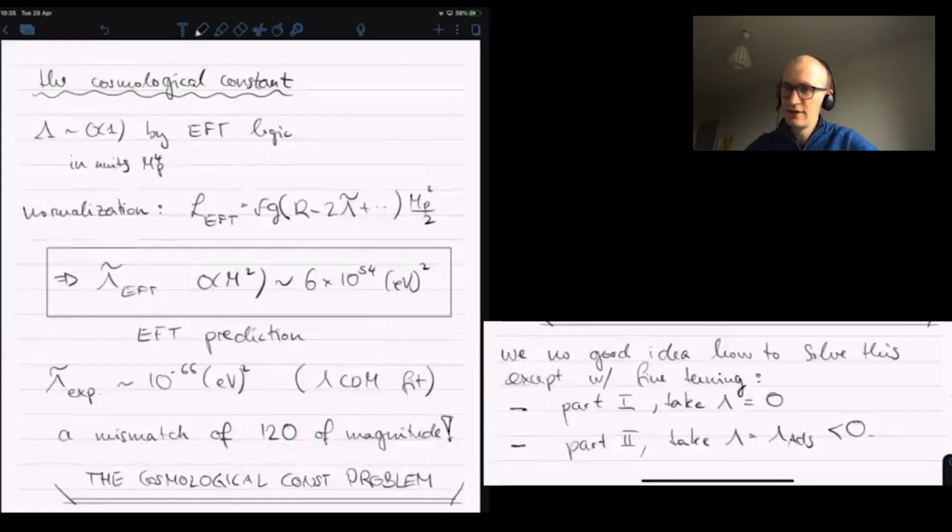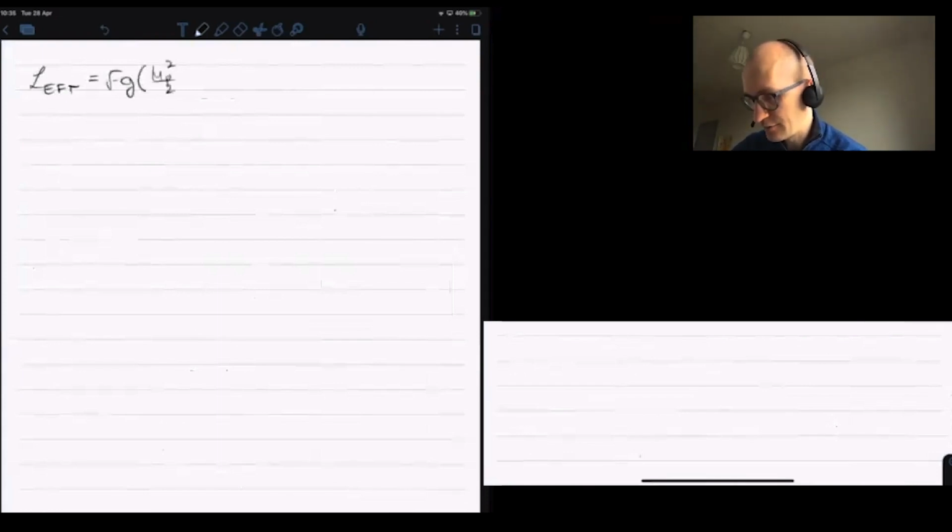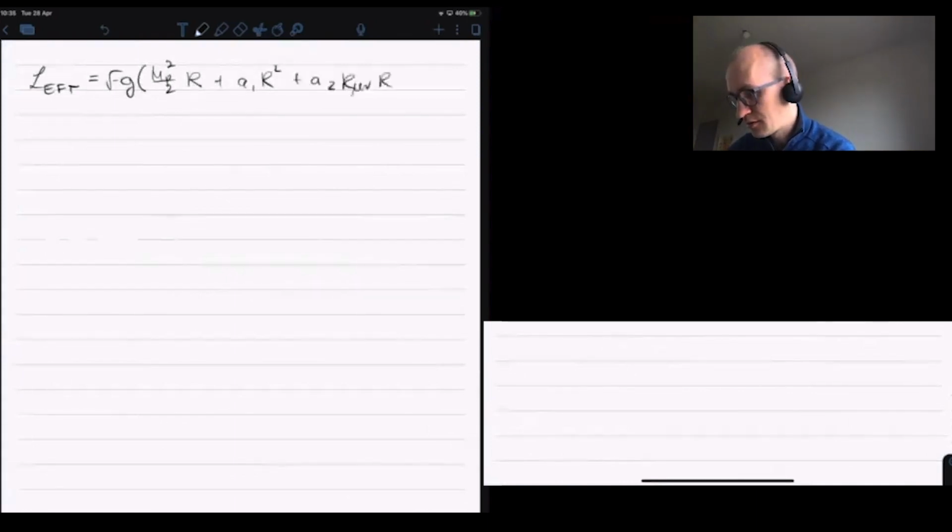Okay, now we've therefore already reduced the Lagrangian that we work with to something like, we start with M Planck squared over 2 R. And now we're going to look at curvature squared interactions, Riemann squared, R_{mu nu rho sigma} R^{mu nu rho sigma}.